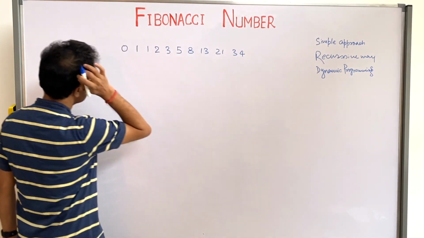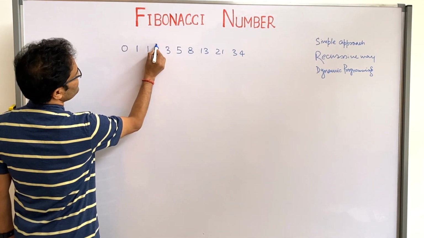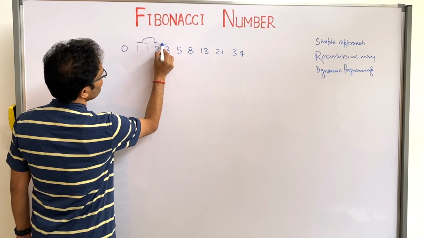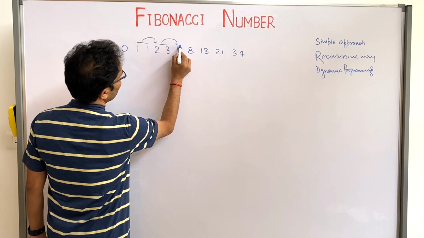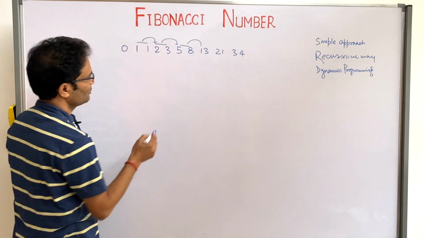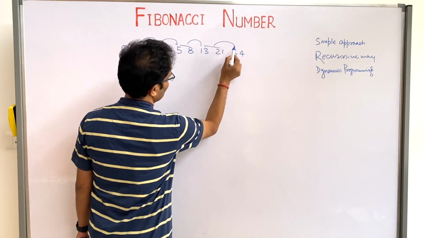Right? So if you see, for this number, this is the addition of these two numbers, and for these two numbers, this is the addition of two numbers. So this is how we are getting the Fibonacci numbers.